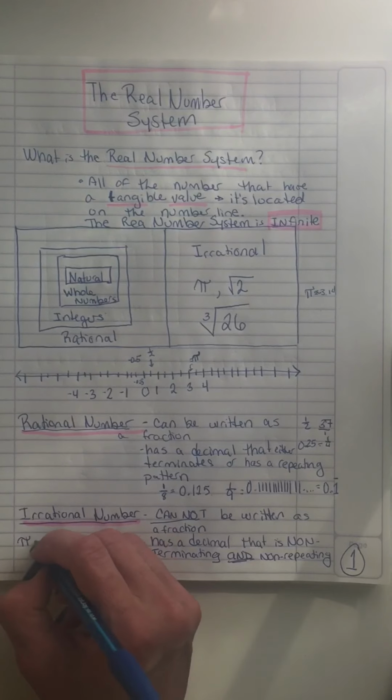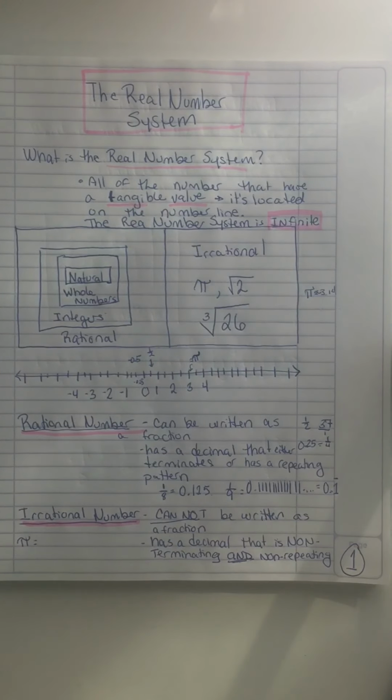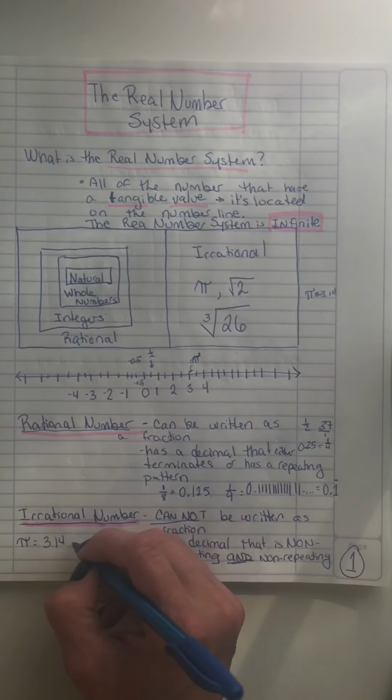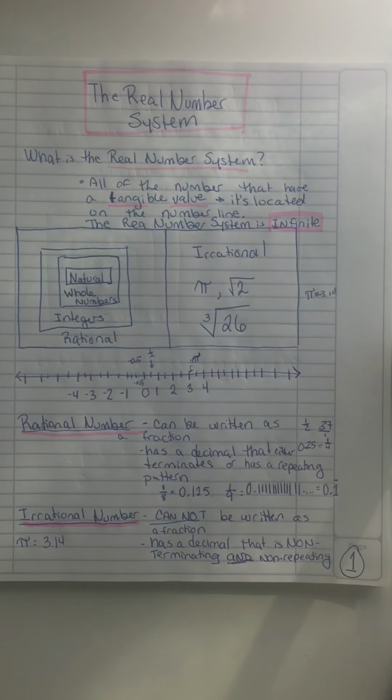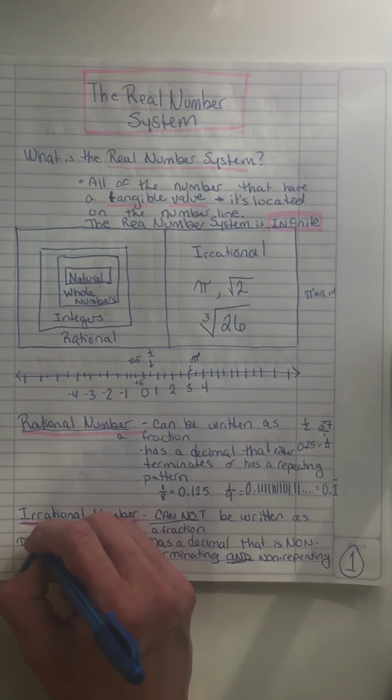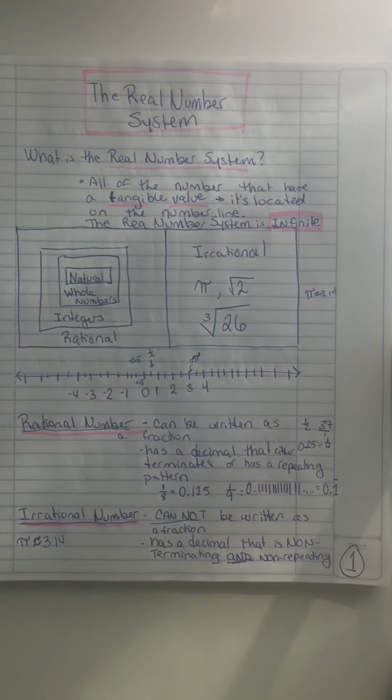So we said that pi is equal to 3.14, but we know that the real number for pi goes on and on and never ends. So we could start with 3.14, but really we want to use these squiggle lines that say approximate.